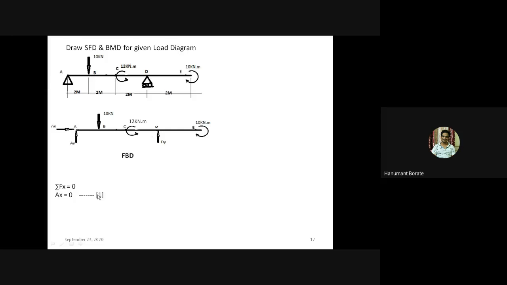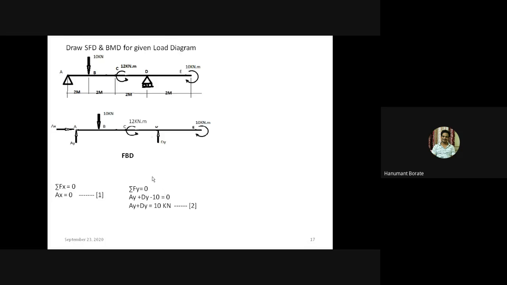To calculate them, we need to consider equilibrium conditions: summation Fx equal to 0, summation Fy equal to 0, summation of moment about any point equal to 0. Already we studied in engineering mechanics that for non-concurrent coplanar forces we use three equilibrium conditions to find the unknown reactions.